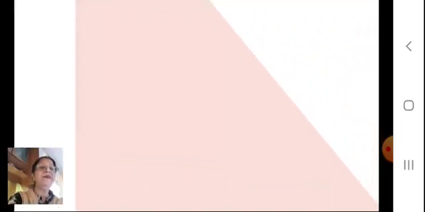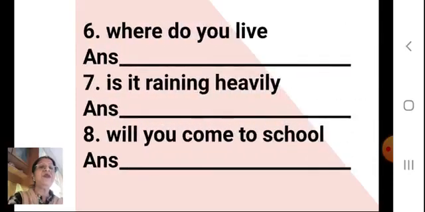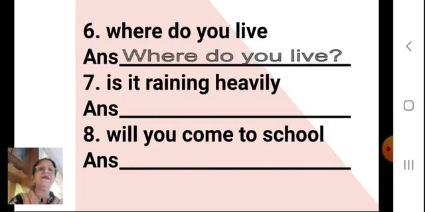Now we come to next, number 6. Where do you live? Now, is this a sentence or a question? Yes, this is a question. So, how do we write? Very good.